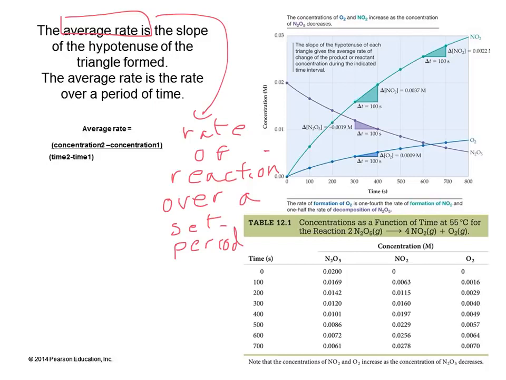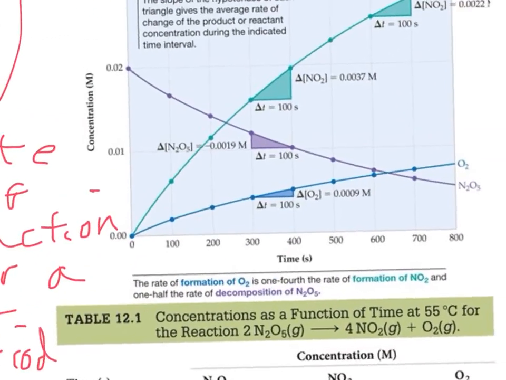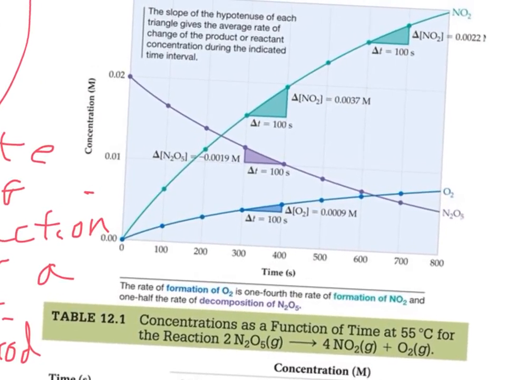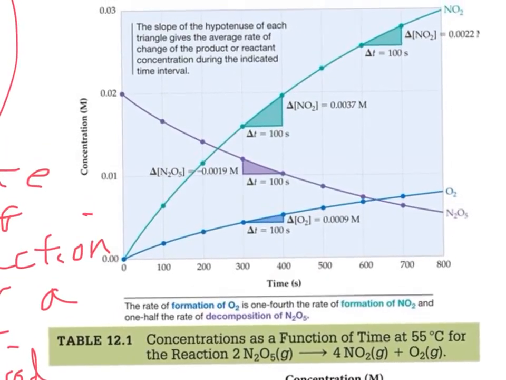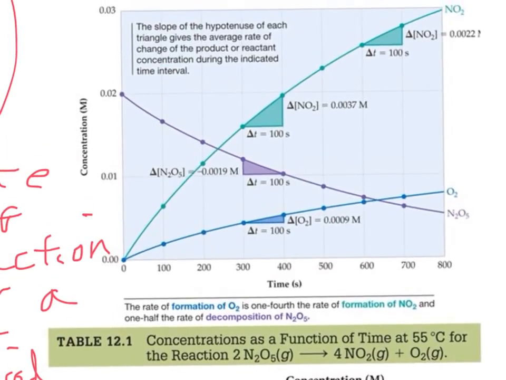Basically, what you're going to do, and you can ignore the gobbledygook there, is look at your graph and say, I'm going to take a small period of time and I'm going to assume that the rate of reaction is constant over that small period of time, or at least very close to constant. And I'm going to treat it like it's linear.